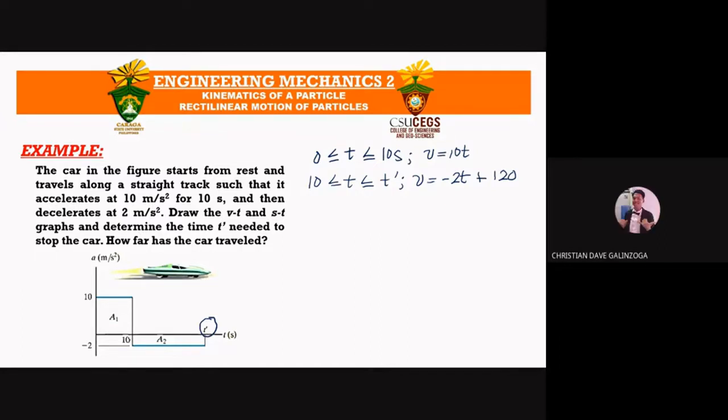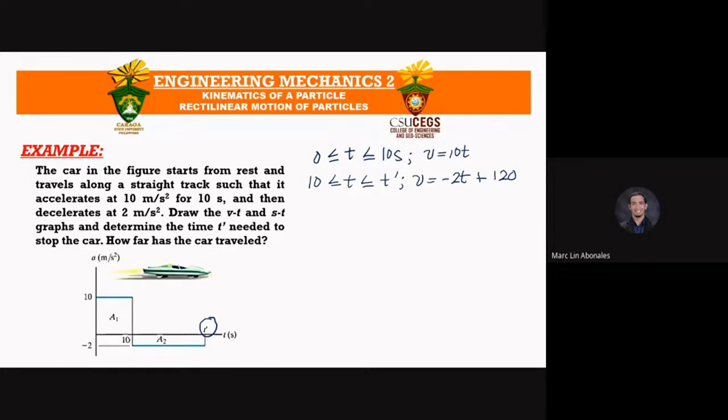It is 0. When the velocity is 0, sir. Velocity is 0. From the statement itself, needed to stop the car, when does the car stop? When velocity is 0.